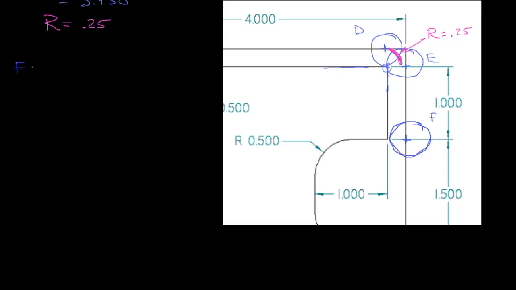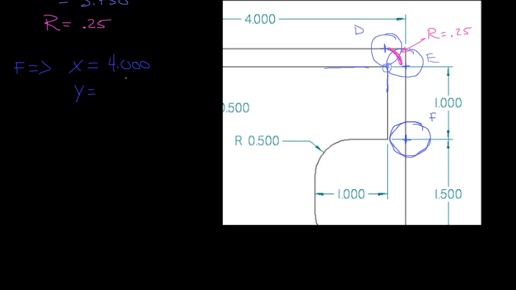So for point F, the x is equal to 4 inches. That one hasn't moved in the x direction. And the y is equal to minus 1 inch from where it was.